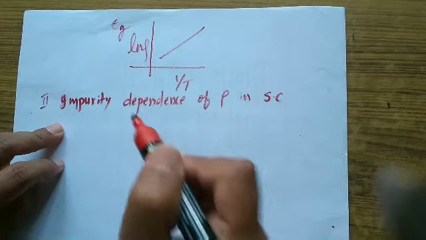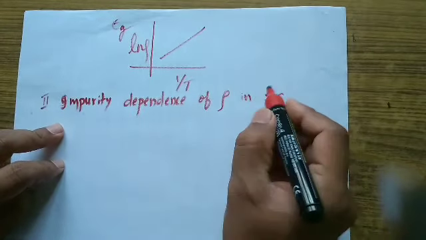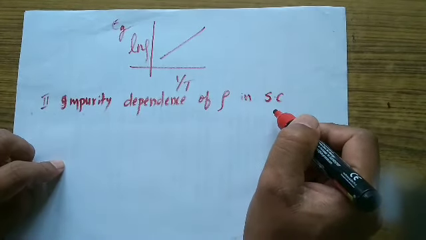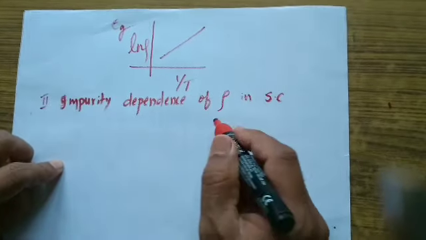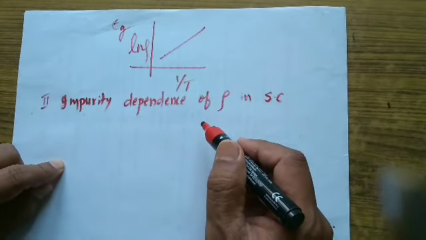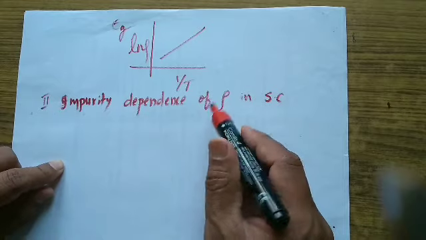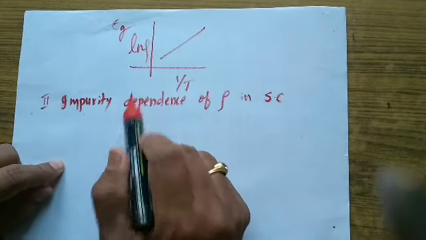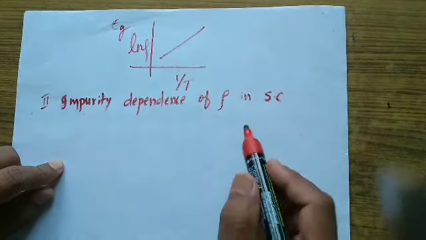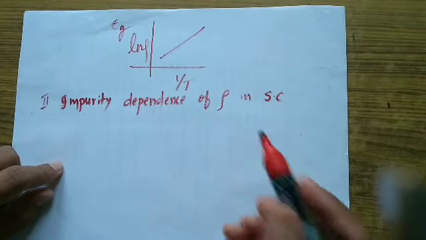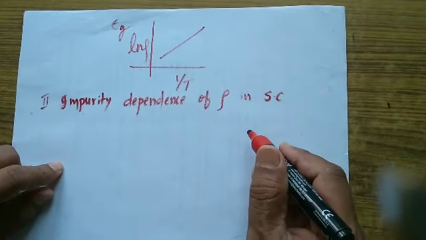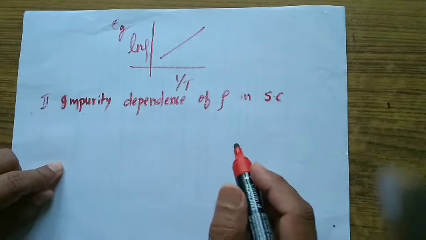Understand the impurity dependence of electrical resistivity in semiconductors. In the previous part I was talking only about the intrinsic semiconductor, wherein the temperature dependence of electrical resistivity is discussed. Now if we add some impurity to the intrinsic semiconductor, it becomes an extrinsic semiconductor.